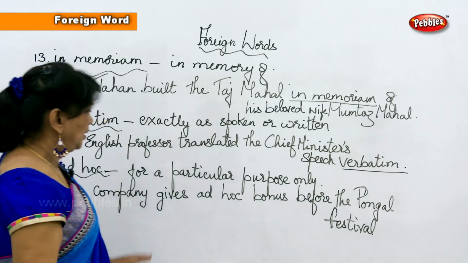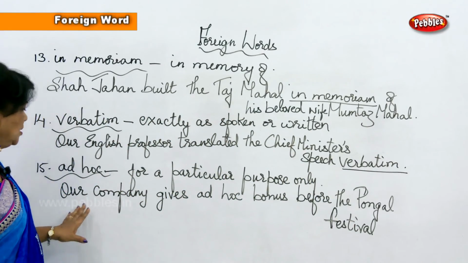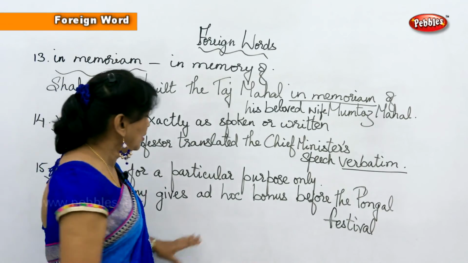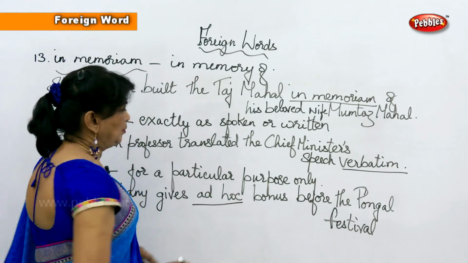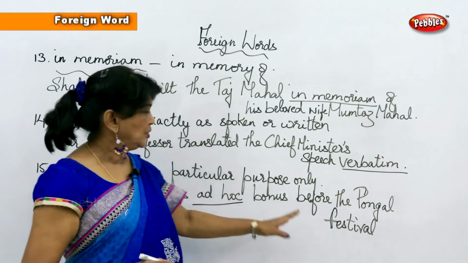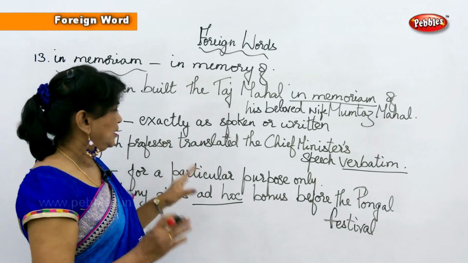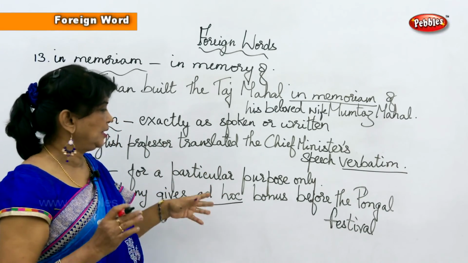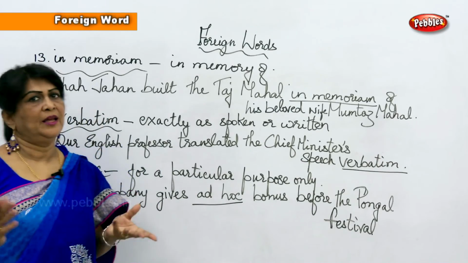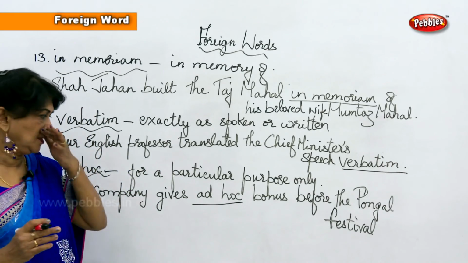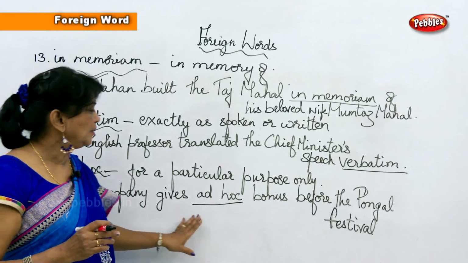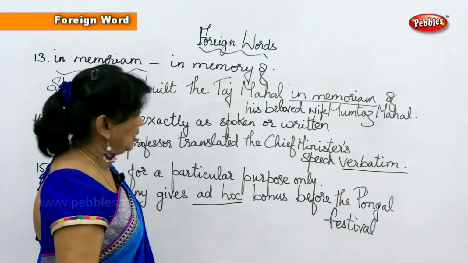Okay, ad hoc means for a particular purpose. So, our company gives ad hoc bonus before the Pongal festival. So, for Pongal festival, for that particular purpose, they give a bonus. Everybody gets Pongal bonus, isn't it? So, our company gives ad hoc bonus before Pongal festival.